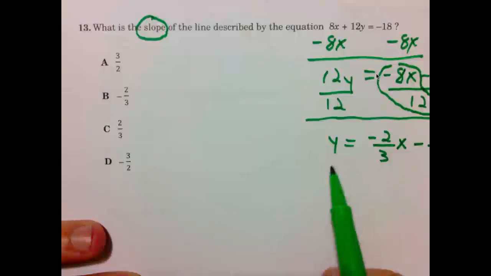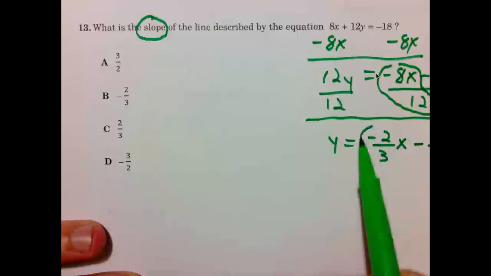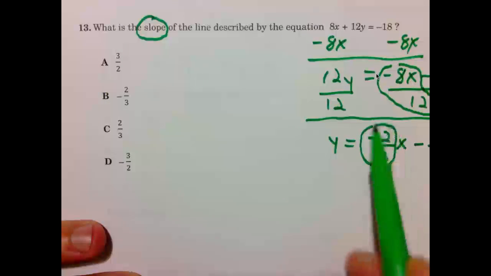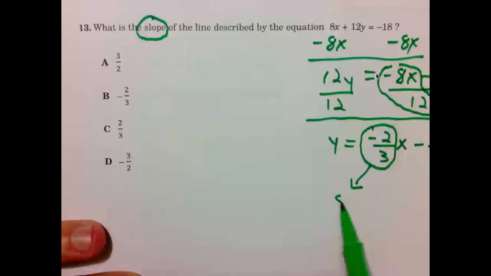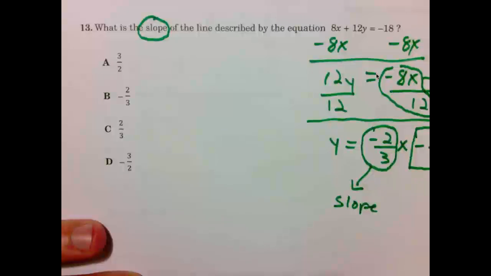So, in the equation y equals negative 2/3 x plus 3 over 2, the slope is negative 2/3. That is the slope. 3 over 2 is the y-intercept.